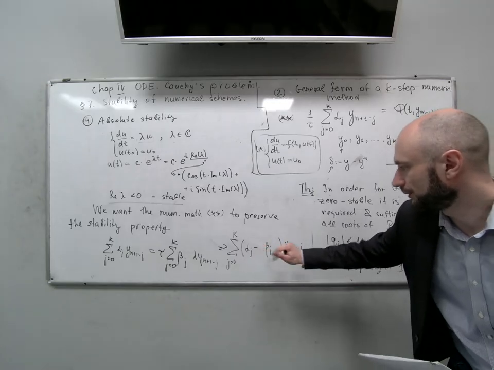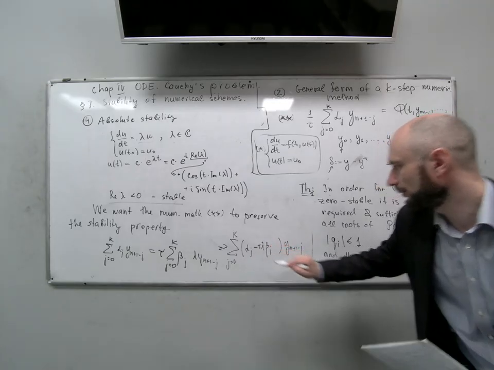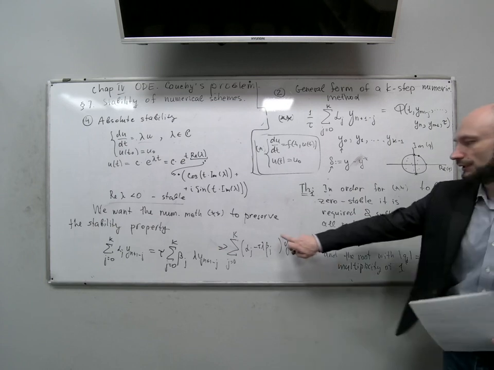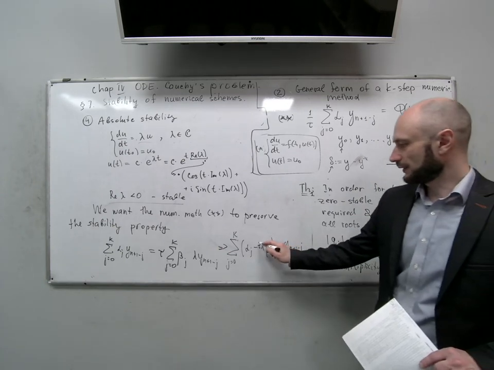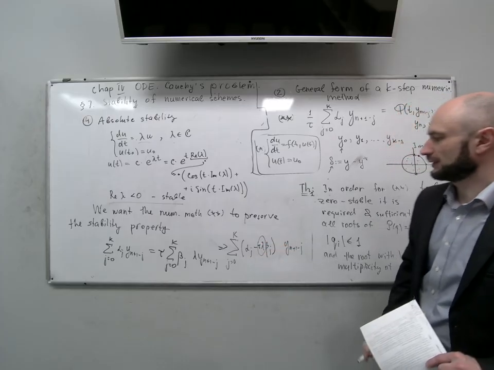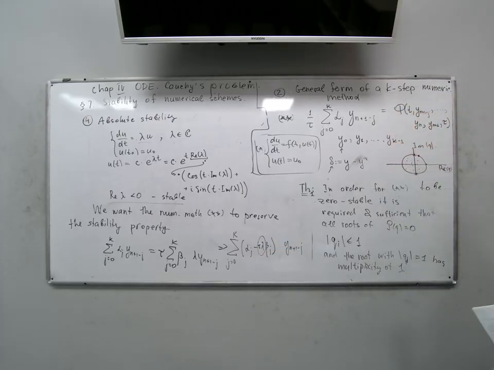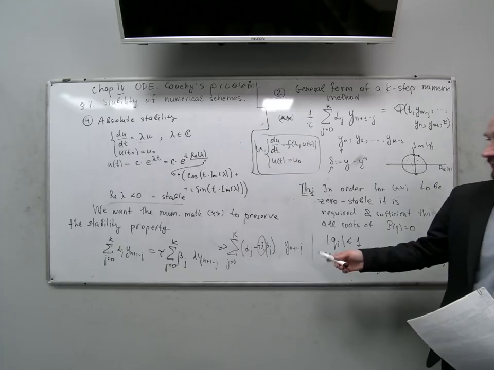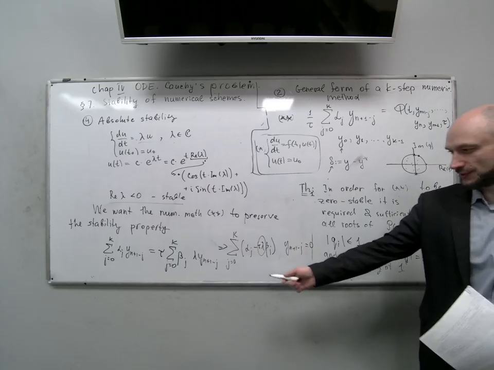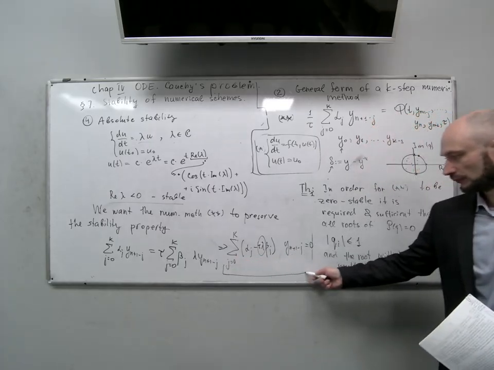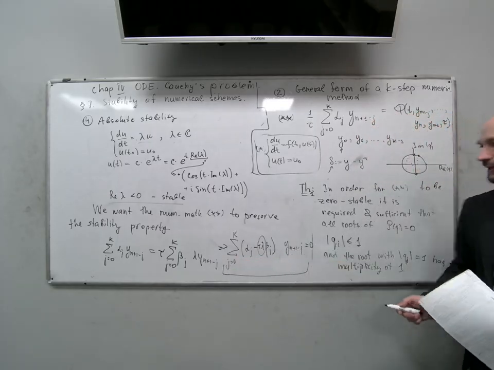I'll reorder this. Tau and lambda will go to the first place, because this product will have some special meaning. Okay, so as before, we want this to be equal to 0. This is an equation, a difference equation.